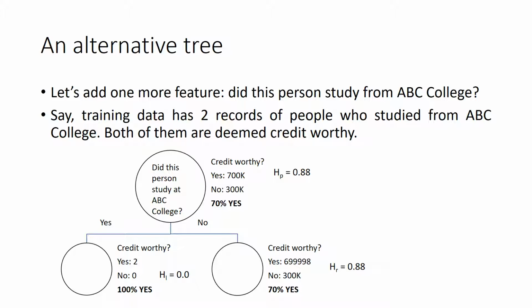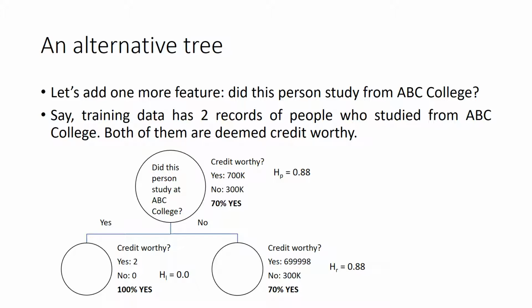So you can see in the yes node, the creditworthiness says yes is 2 and no is 0, and it's 100% yes, which means the entropy of the left child is 0.0. Because it's only a single label, there is no entropy. And the right child, bulk of my records will go into the right child.